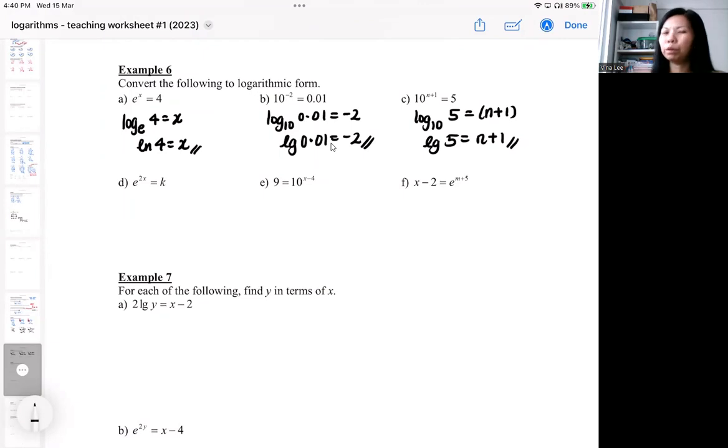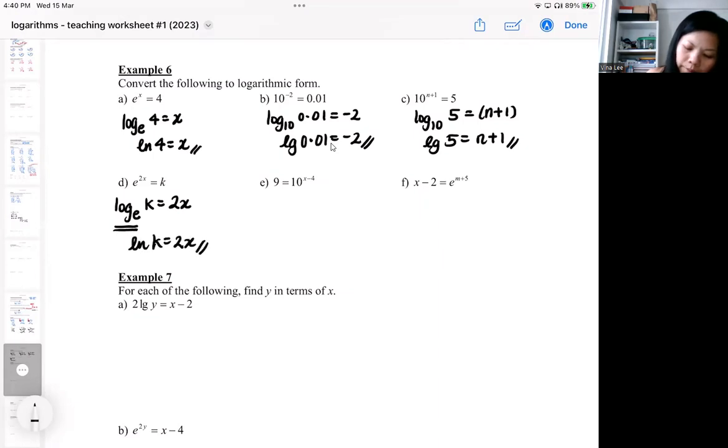So you need to train your mind to be thinking in between all this. So base is e, answer is k, power is 2x. The position is still the same: base, answer, power. But you just need to change this to the ln notation.